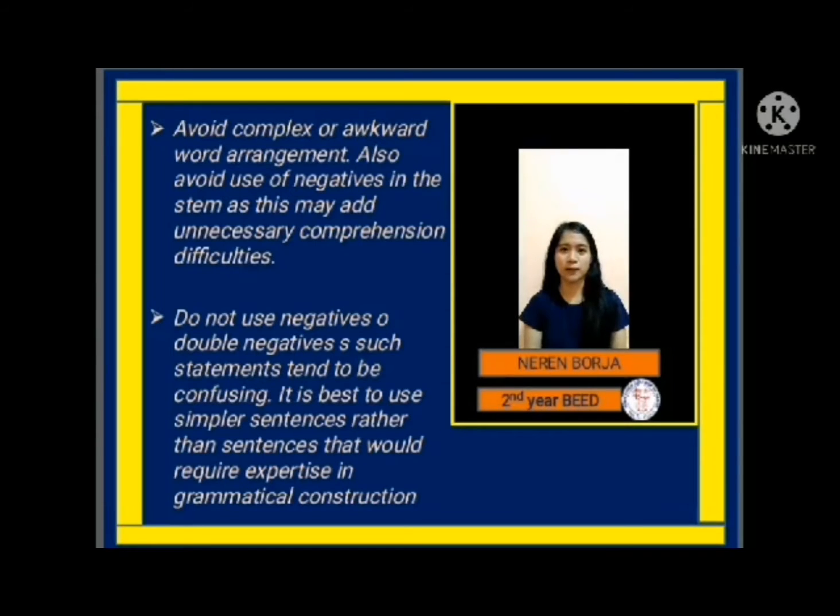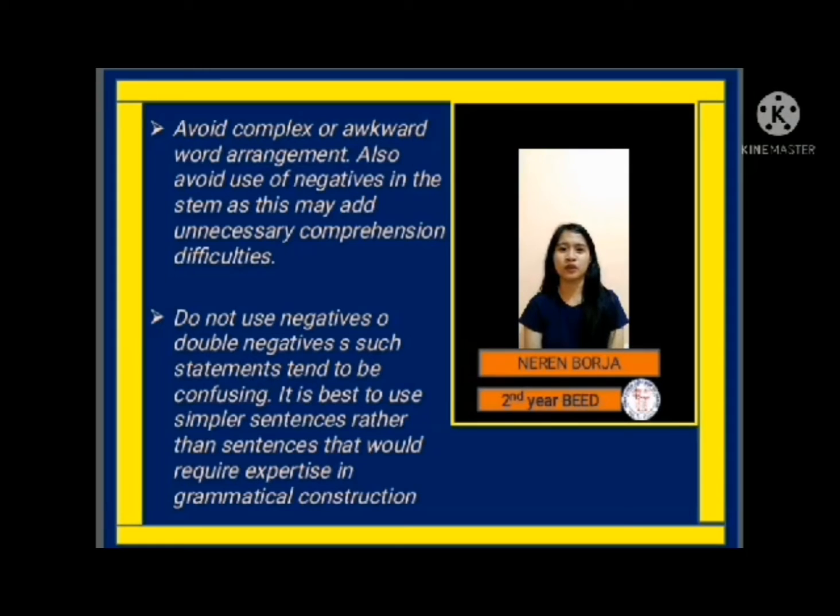Next, avoid complex or awkward word arrangement. Also avoid the use of negatives in the stem, as this may add unnecessary comprehension difficulties. So for example, as I saw on social media sites, there were two news items about Marcos, an awkward one and a better one.